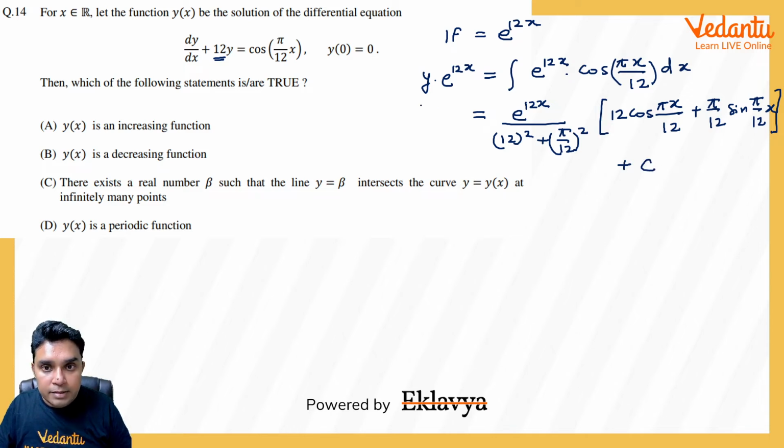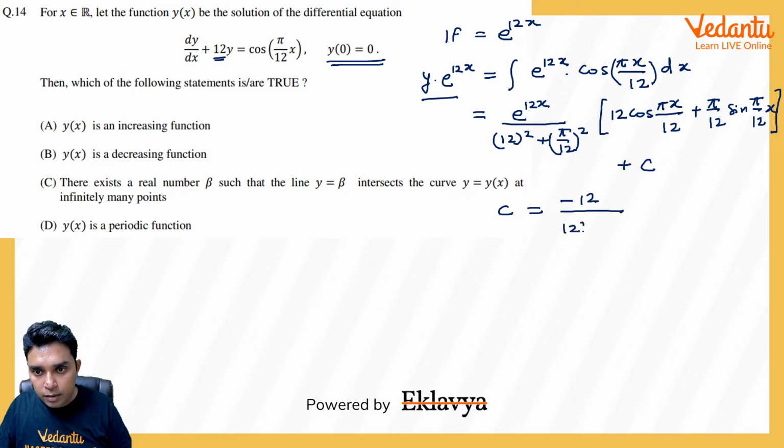Now here y at 0 value is 0, so I think c will be equal to, this will become 0, it will be minus 12 upon 12 square plus pi upon 12 square. Okay, this sine will become 0, this will become 1, so this will be my c.